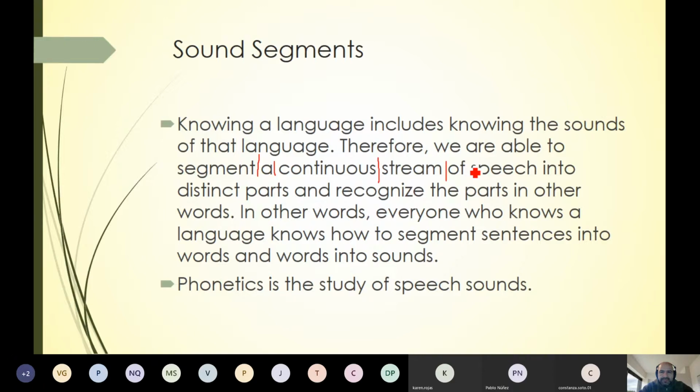So when you hear someone, you have the possibility to understand by segmenting the information, the message from the speaker.